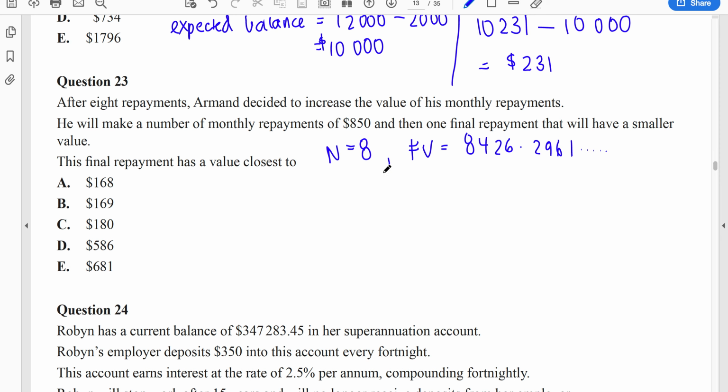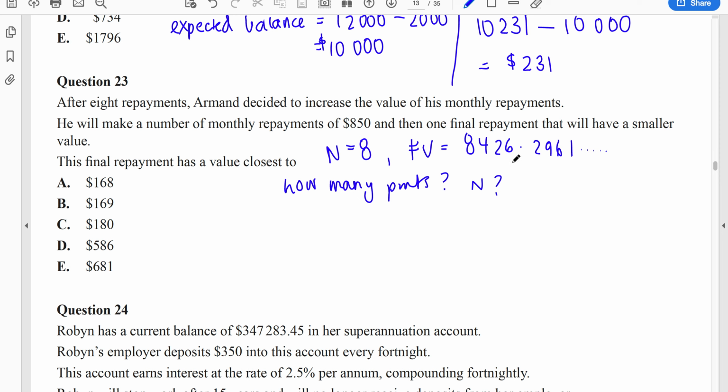Okay, so he's then going to make monthly repayments of $850, and then we're looking at one final repayment after that. We don't know at this point how many payments of this $850 it will take before it gets to that final one. So that's the next thing I'm going to try to find: how many payments does he actually need? So I want to find n.